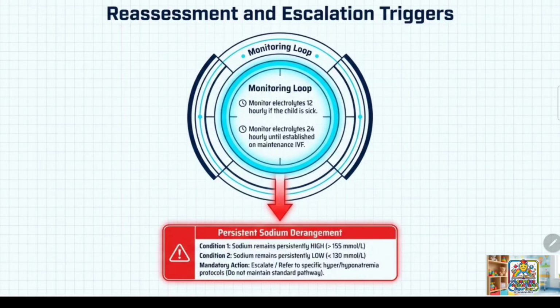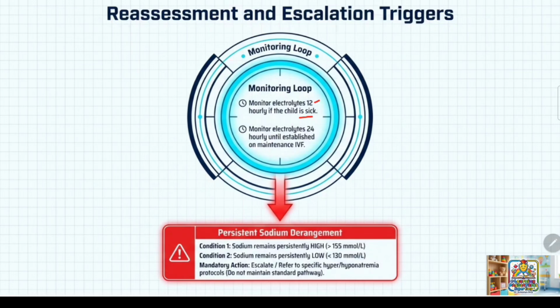Let's move forward. What reassessment is needed and what are the escalation triggers? So we have to monitor the serum sodium and change the fluid accordingly. For sick patients, we do the serum sodium 12 hourly, and if required much earlier, like 4 hourly or 6 hourly, and you can monitor 24 hourly in the more or less normal patients who are on maintenance IV fluid.